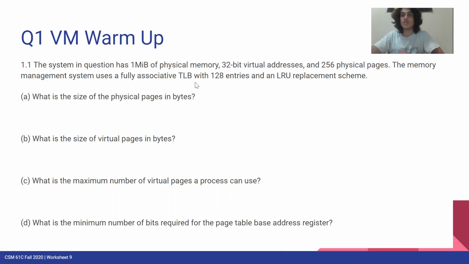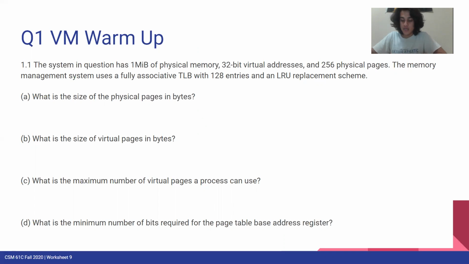We have a fully associative TLB with 128 entries and a least recently used replacement scheme, which is when we evict a page from memory, like when we have a page fault, we replace the page in our cache with the one that was used the furthest back, the least recently used. So you basically throw out the page of your memory that was used furthest away, chronologically.